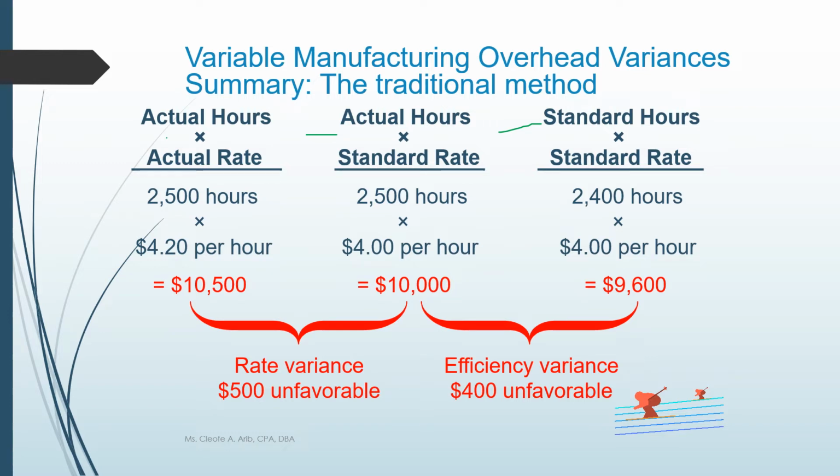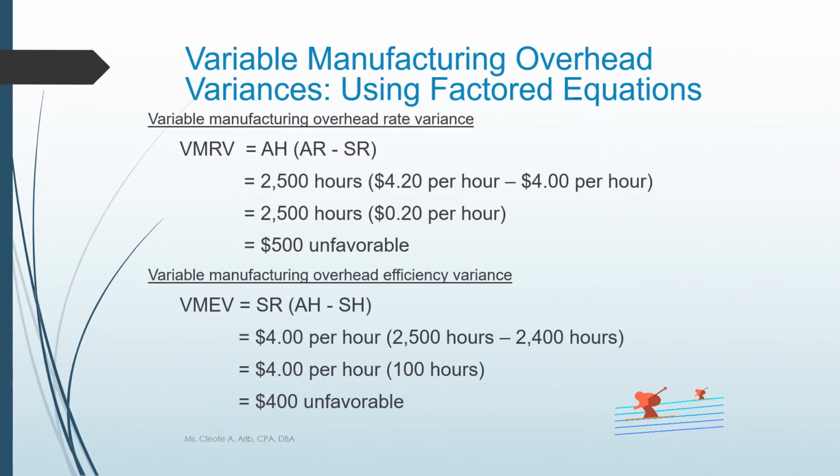The standard is only 2,400. Again, how was 2,400 computed? You produce 2,000 parkas and the standard hours per parka is 1.2. So that's a total of 2,400. If you notice, there are more actual hours than standard hours, more by 100 hours. Multiply that by 4, which is your standard rate. Thus, we have an efficiency variance of 400 unfavorable.